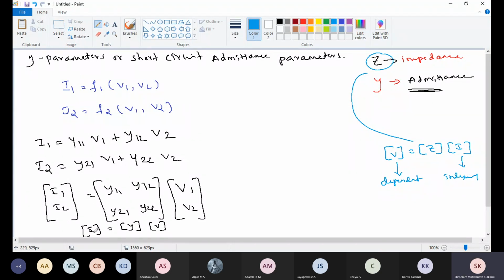Here I is the dependent variable and V is the independent variable.